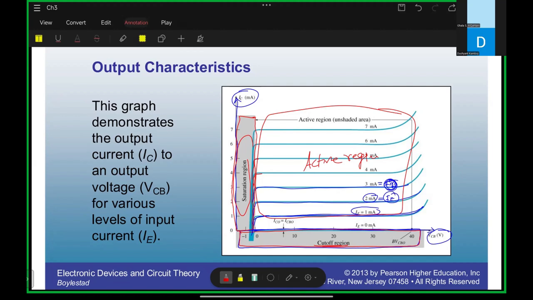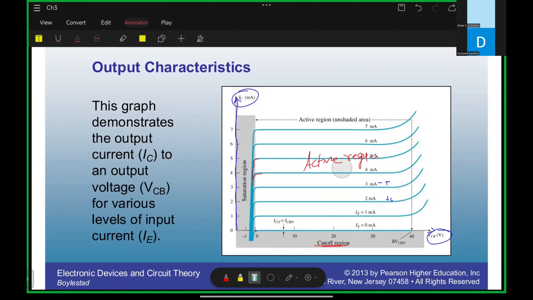If I give you this output characteristic, can you tell me which configuration it is? How can you decide? I'm not asking about the region, I'm talking about the configuration.